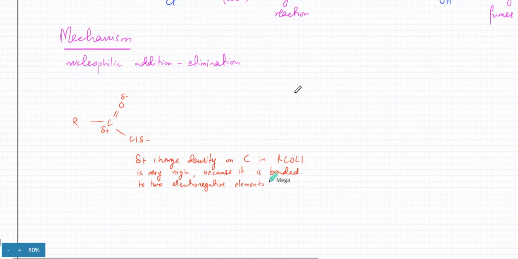As it's bonded to two electronegative elements, if there's a water molecule around, it's going to be strongly attracted to it. The water molecule has lone pairs which have a negative charge, so it is strongly attracted to the positive carbon.